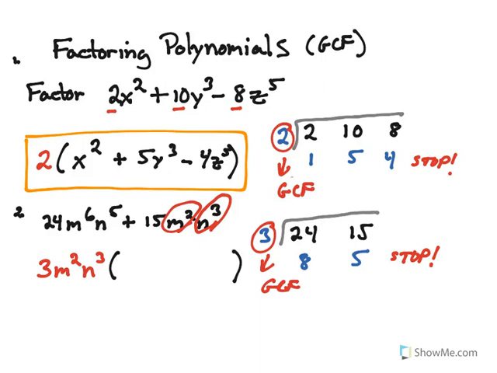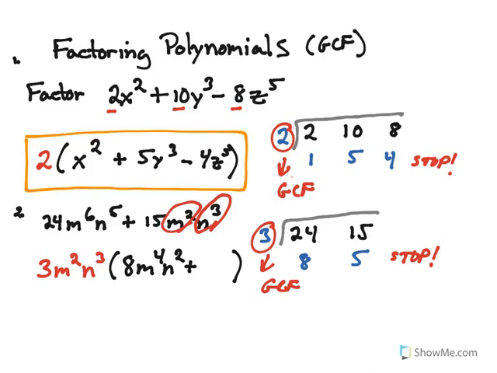And then now we should have something remaining, right? Well, 3 times what is 24? Well, it has to be 8. And if you have m to the 6th power and you take out m squared, then you should have m to the 4th power left. You had 6 m's, now we factored 2 out, so you have m to the 4th. If you have n to the 5th power and you take out n cubed, then you should have n squared remaining.